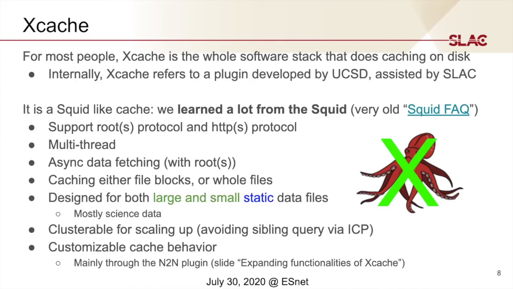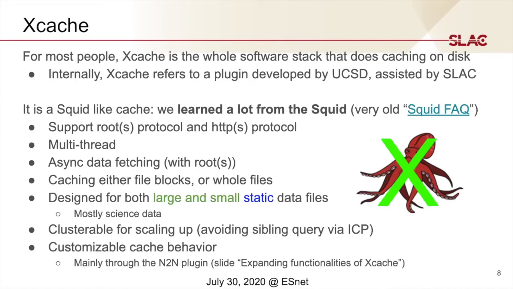It can be small, it can be large. Now, we're dealing with file blocks and partial file caching, so obviously Xcache prefers static data. If the data keeps on changing, then it's hard to keep track, especially of data blocks.